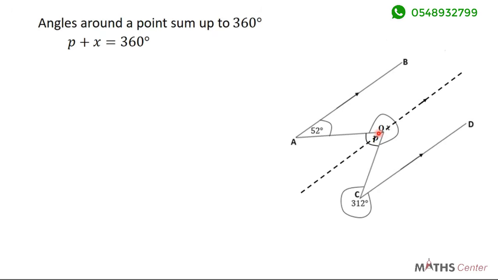So to help us solve this, we bring this imaginary parallel line here. This imaginary parallel line is going to help us find the inner angle. Then we can subtract it from 360 degrees, and we get the outer angle. All that is clear.